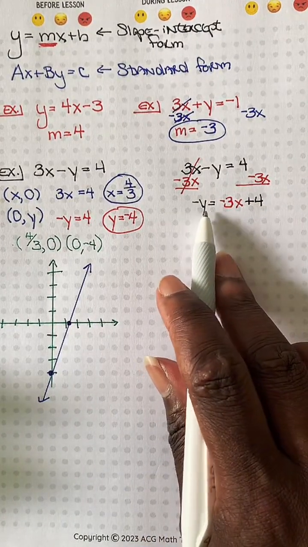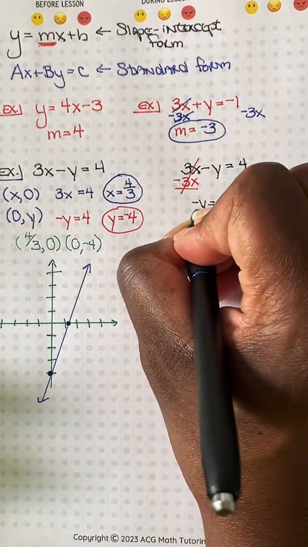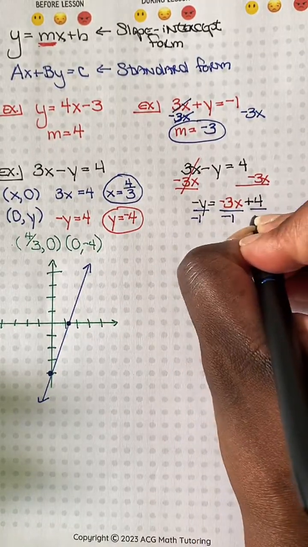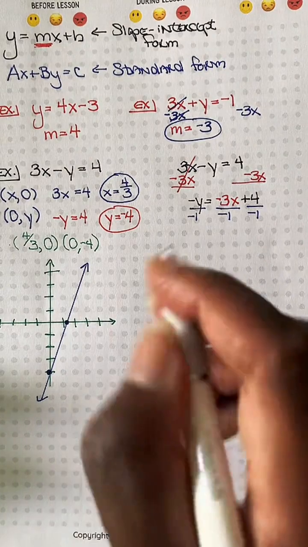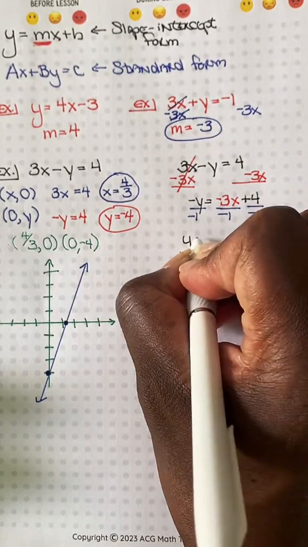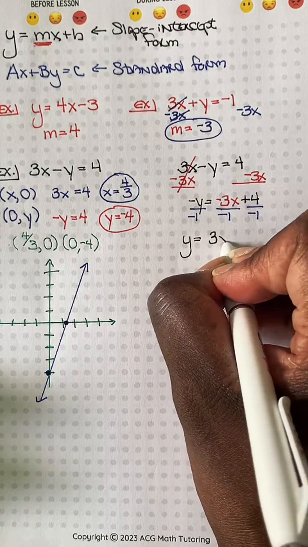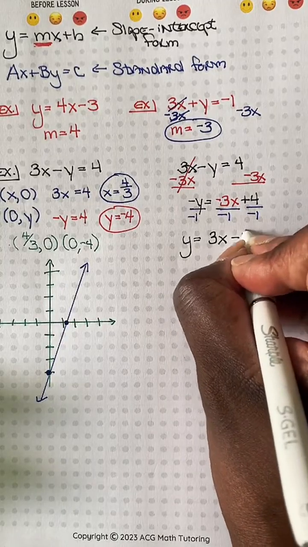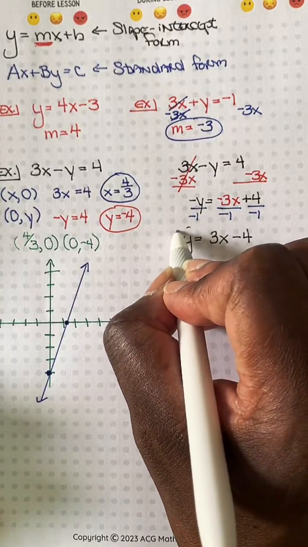But I have a negative y, and I just want to know what y is, so I'm going to divide everything by negative 1. That changes all the signs. So y equals, negative divided by negative gives a positive, and a positive divided by a negative gives a negative. This is in slope-intercept form.